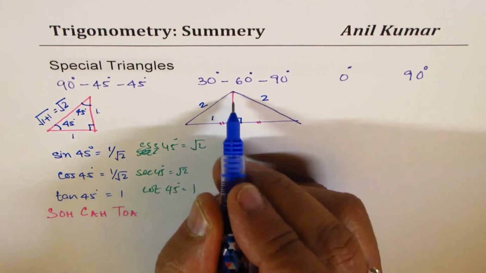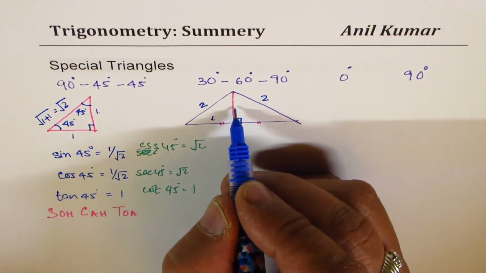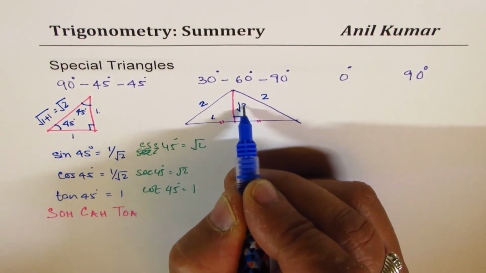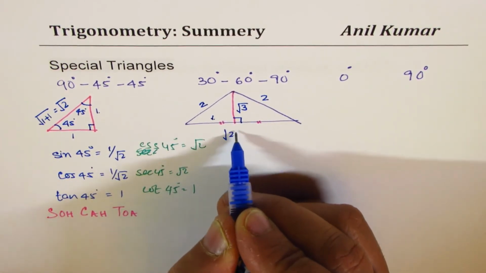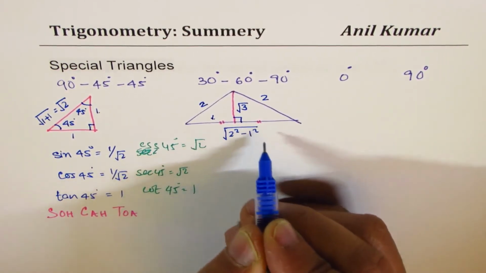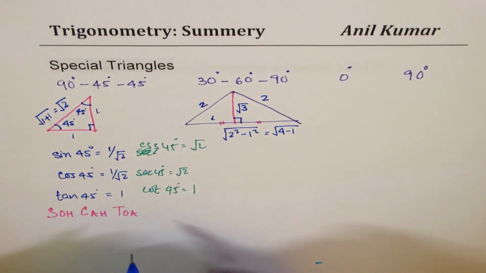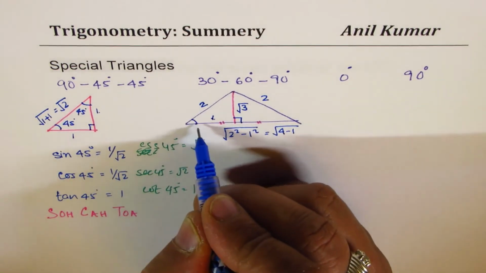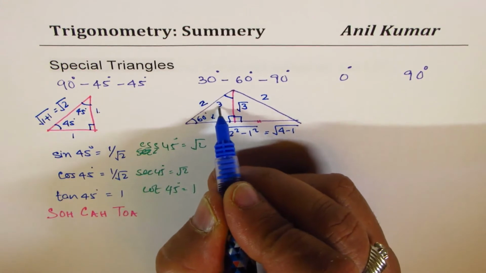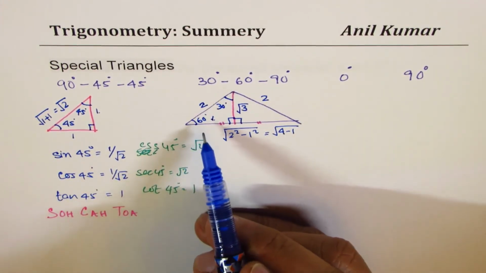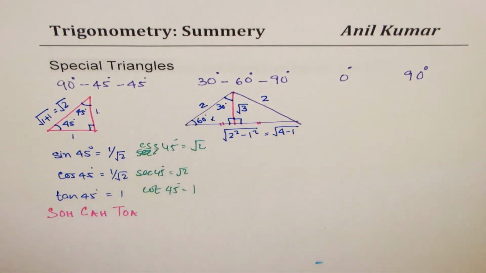If that is a perpendicular, this side will be square root of 2 squared minus 1 squared, which is square root of 4 minus 1, so you get square root of 3. The angles are 60 degrees, and that is 90 degrees. So this angle has to be 30 degrees.